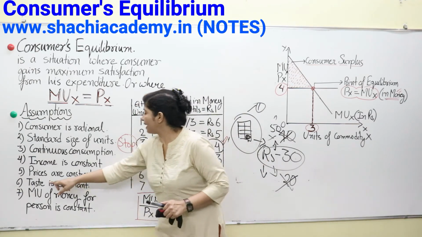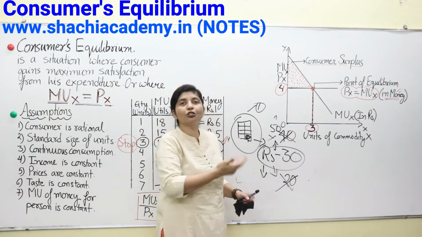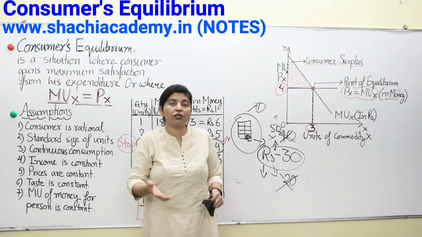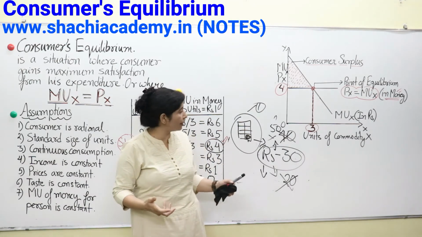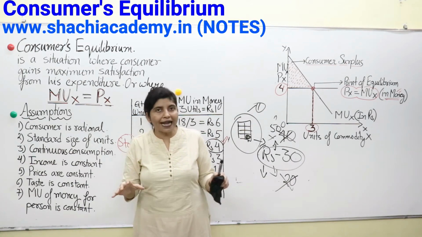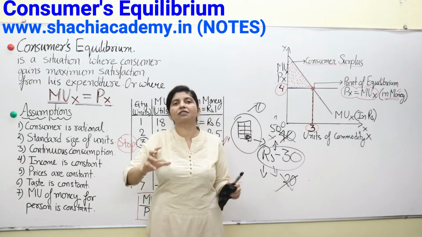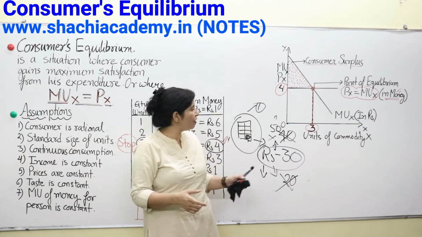Then taste is constant. My taste is constant. That means I want to consume other units of chocolate as well. I love chocolate. I relish eating chocolate. I enjoy them. Then only they will give me satisfaction. Otherwise, a person who does not like chocolate, or if you feel like eating something sour, something bitter, or some other snack, then what will happen?